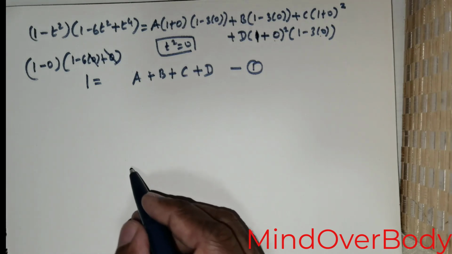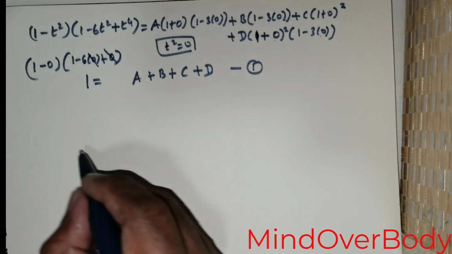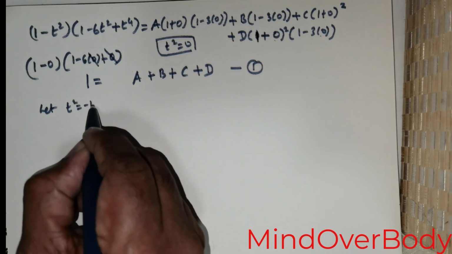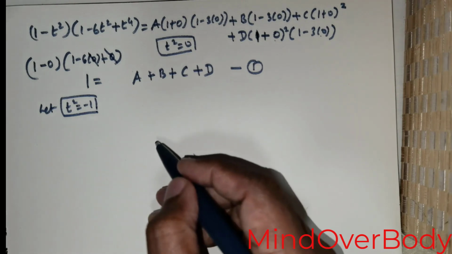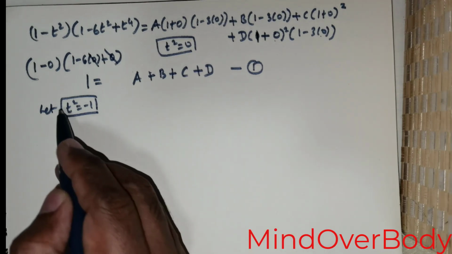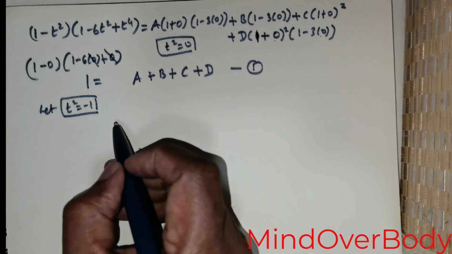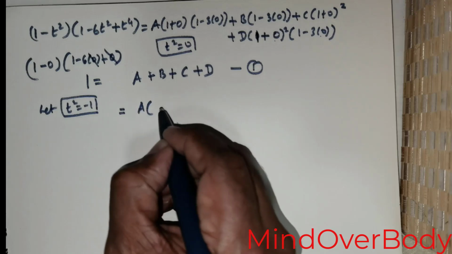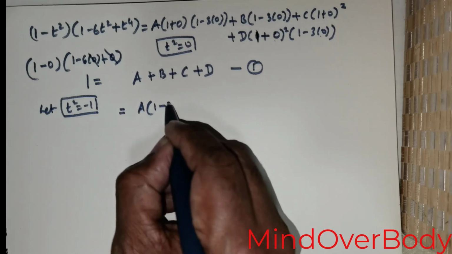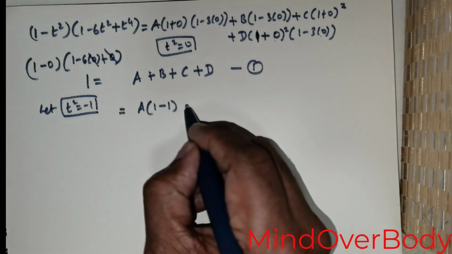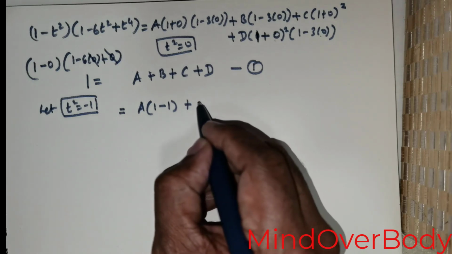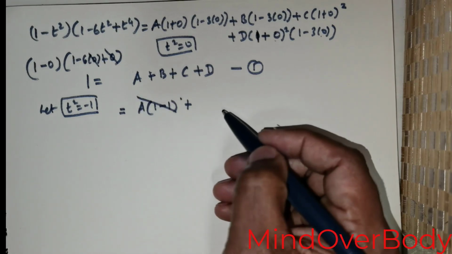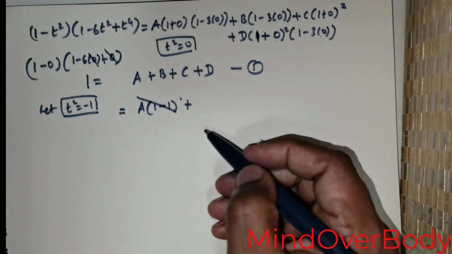Now the next thing is I need to substitute. I'm going to take the value of t squared as negative 1. So let t squared be equal to negative 1. What happens if I substitute negative 1 into the system? This is going to be a of (1 − t squared), which is 1 − (−1), hmm, so the a term will get cancelled. In fact, the entire term of a would vanish because t squared is negative 1.